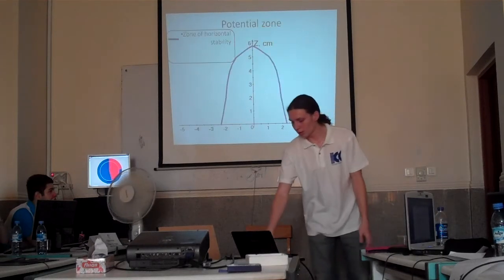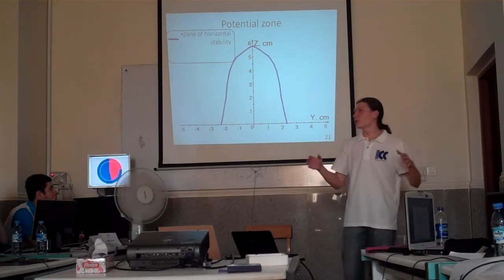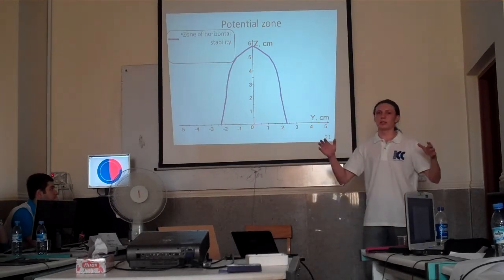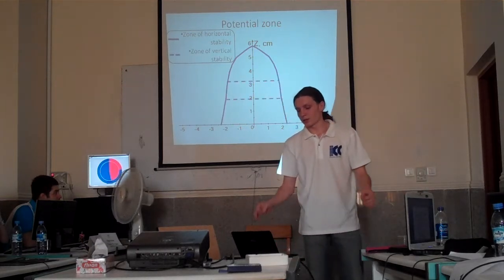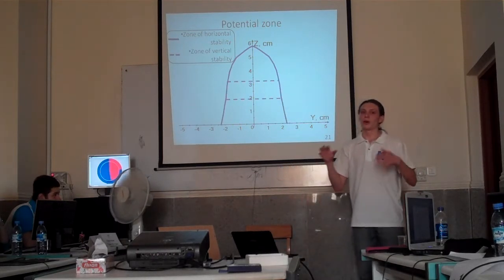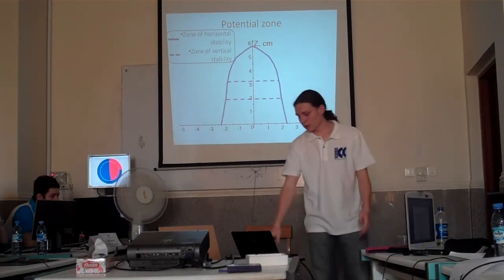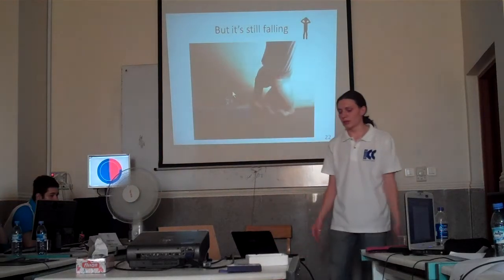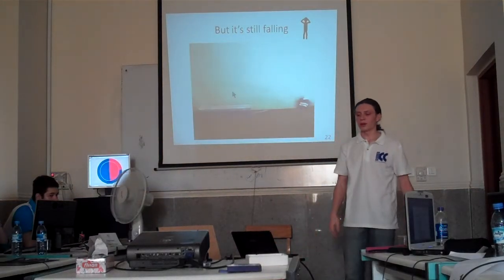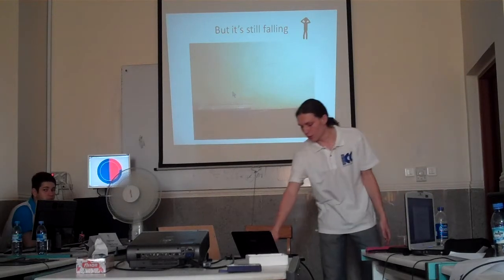And now in this zone of horizontal stability, we can make this plot, as you see on the slide, which is in space. And well, we should find the zone of vertical stability, where our force of magnet interaction is more than weight. But as you see, if we just start the spinner, I can show it to you experimentally later, it is still falling.